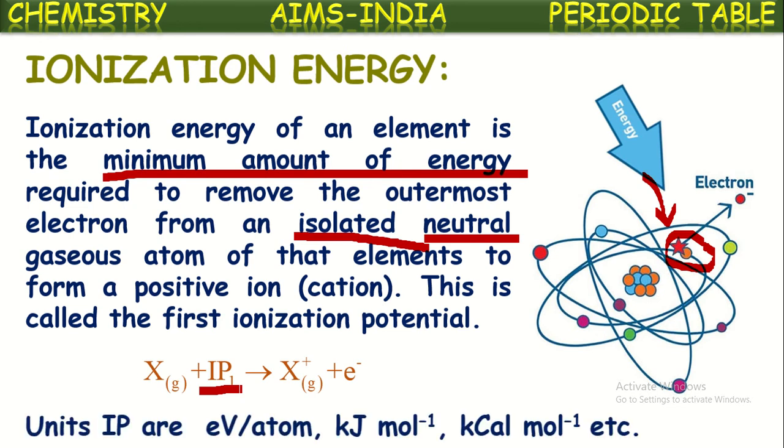As this is energy, its units will be electron volts per atom, kilojoules per mole, kilocalories per mole, etc. When you say ionization potential, the units used will be electron volts.